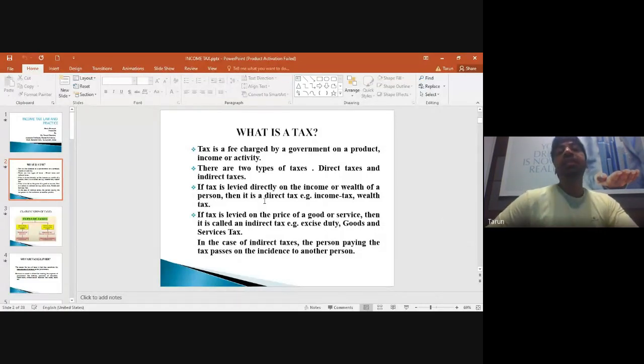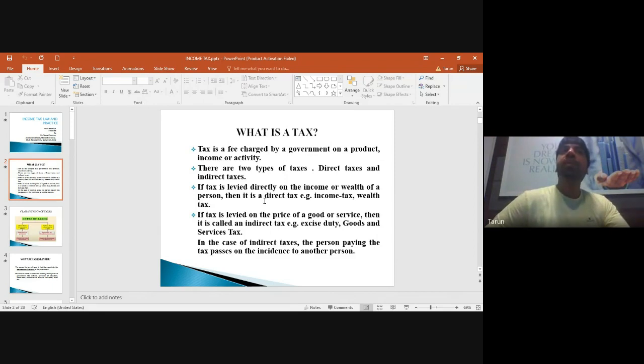Tax is categorized into two forms. The first one is direct tax and the second one is indirect tax. Direct taxes are those taxes which are imposed on any individual, or you can say person, on the income that the person has earned, right?